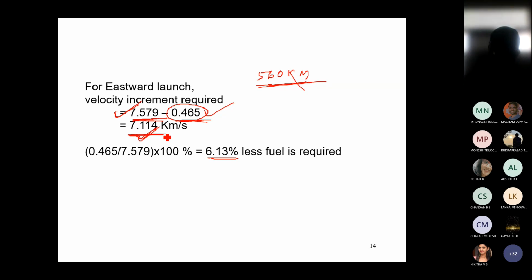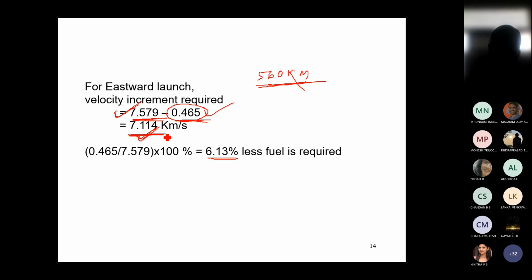Now I am just twisting my question. I have a different question related to this. Suppose I am launching my satellite towards the west direction. The Earth is moving from west to east at a velocity of 0.465 kilometer per second.